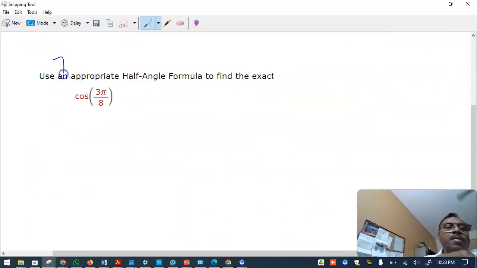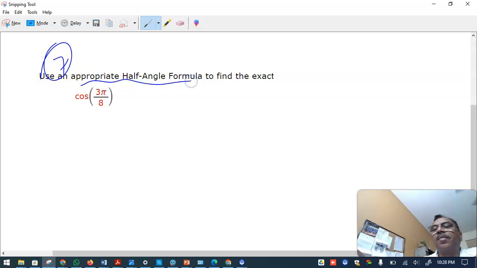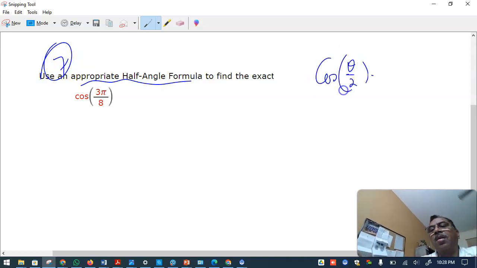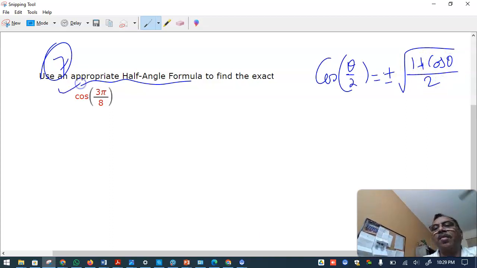So the next practice problem is using the half angle formula. Because it's a cosine, cosine theta by 2, you can write plus or minus square root of 1 plus cosine theta over 2. We can use this because they give you this.